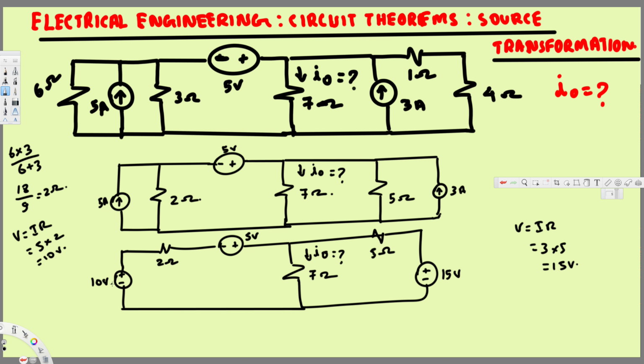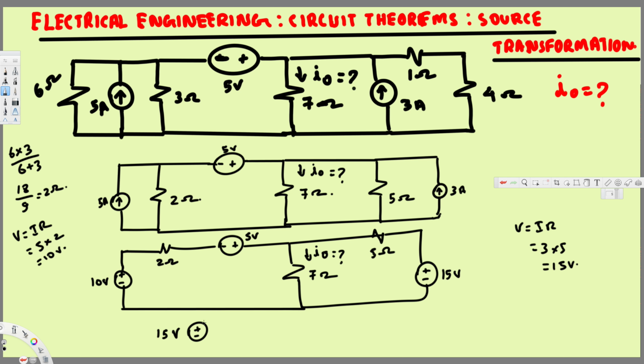Now if you notice, we have 10 voltage and 5 voltage in series, so we can add these voltages together and write it as 15 voltage, and we have 2 ohm, and here we have 5 ohm.